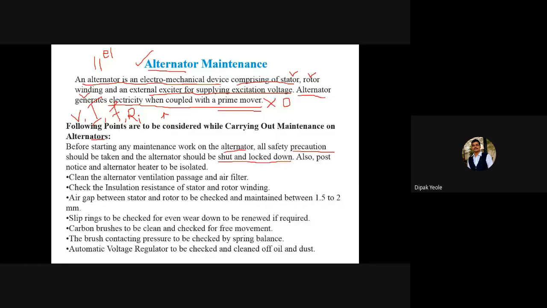We are interested in running the synchronous generator or alternator in parallel. Yes, so we can decouple the alternator which is under maintenance, and another alternator will take the responsibility of producing the voltage. Yes, that is a precaution you have to take, because in the running condition there are fewer chances of carrying out the maintenance.